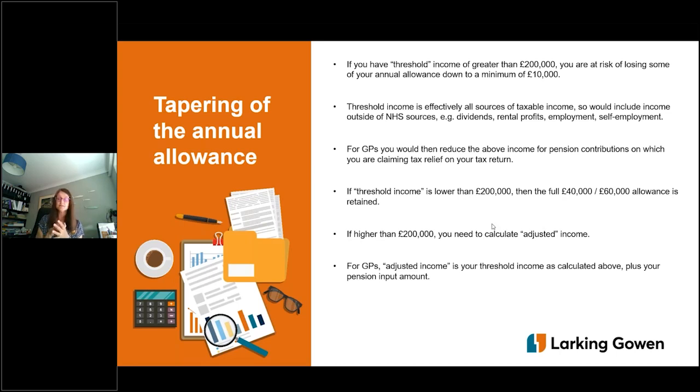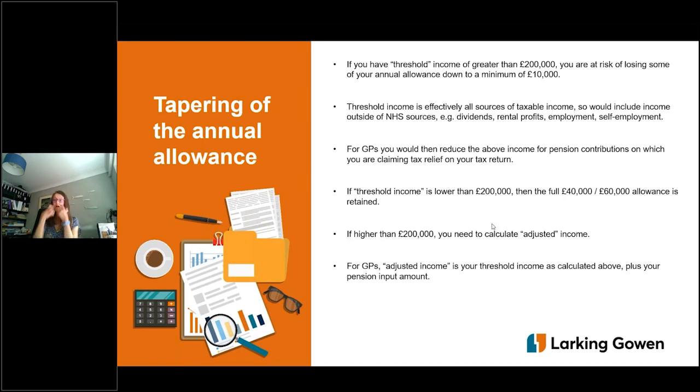So not just the bit of income that's pensionable, i.e. the practice profits, it's everything. So if you've got overseas income, if you've got rental income, if you've got dividends, these are all savings income. You might know that some dividend income is tax-free, but it still counts as your taxable income when looking at this 200,000.